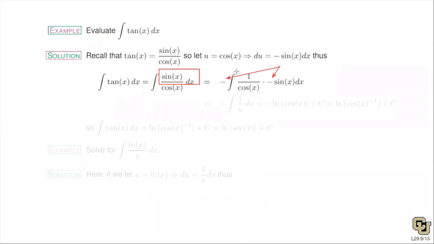And so now I can completely convert this negative sine dx into a du. And so my integral now looks like negative antiderivative of 1 over u du. Remember, the cosine x in the denominator becomes a u. And we now know the antiderivative of 1 over u du would be ln of the absolute value of u, and I plug back in for u, which is cosine. So I have minus ln of the absolute value of cosine x plus c.